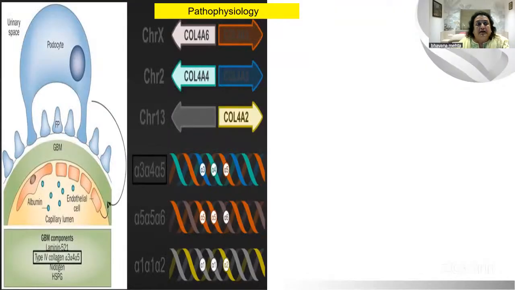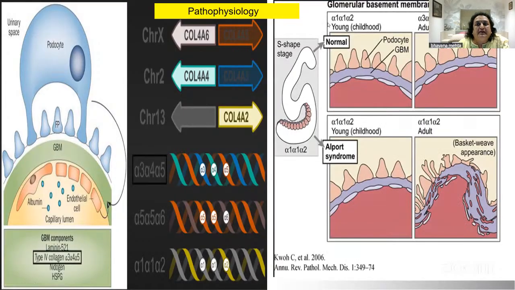Pathophysiology. Normally, in the immature glomerulus, we have alpha 1, alpha 2 isoforms of type 4 collagen, which are replaced when the capillaries form in the glomeruli by alpha 3, alpha 4, and alpha 5 isotypes, giving good tensile strength to the capillary basement membrane.